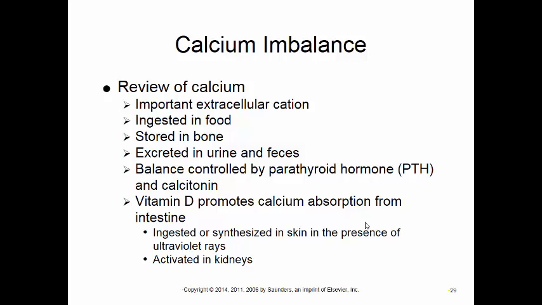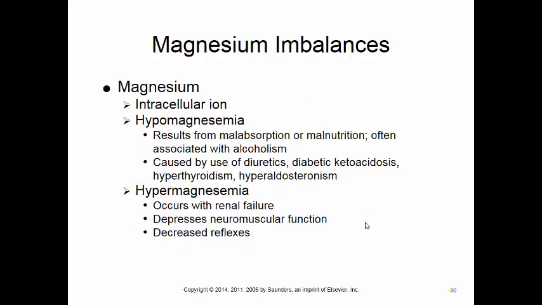Vitamin D promotes calcium absorption, and that's why our milk is fortified with vitamin D, so we can absorb the calcium that's in the milk. Vitamin D can be ingested or synthesized in the skin. So if you go outside each day, it can help synthesize vitamin D and help you to absorb your calcium, and it's activated in the kidneys.